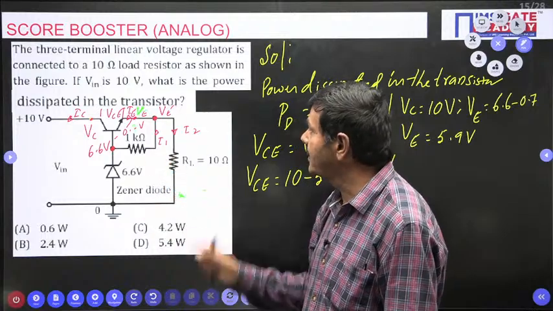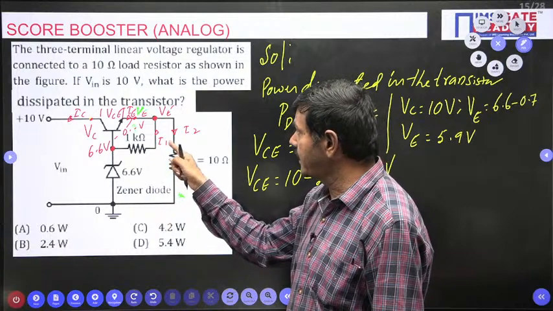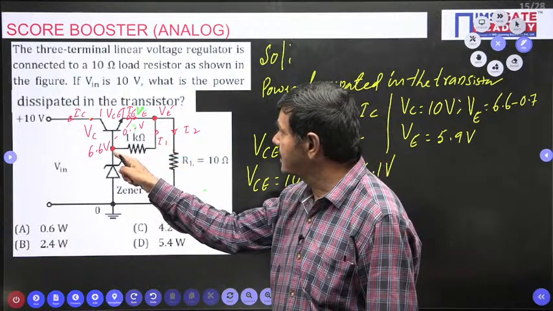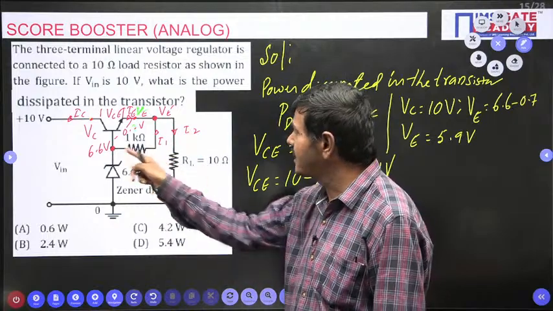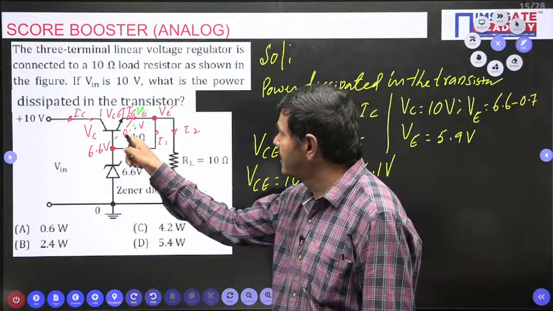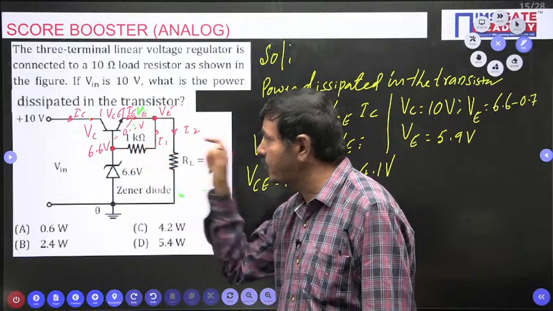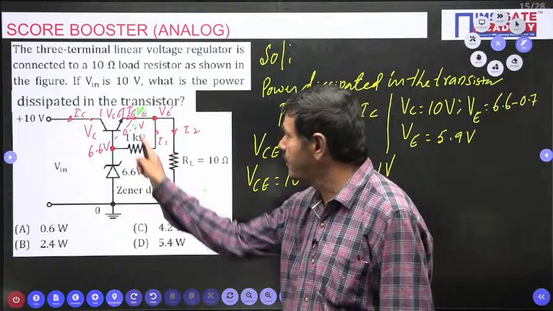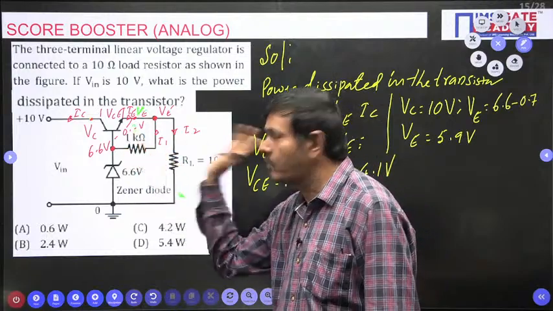To find the emitter current, I1 and I2 are required. I can get I1 directly: 6.6 minus VE, divided by 1K. The drop across base to emitter is 0.7, so the same voltage drop appears across the 1 kilo ohm, in parallel. So I1 is nothing but 0.7 by 1K.